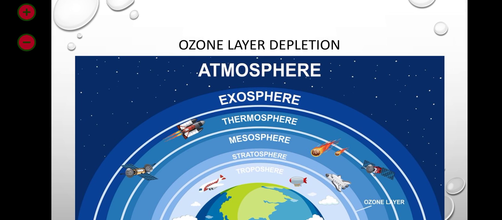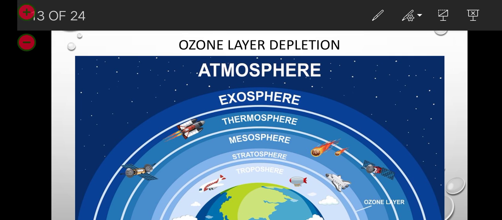See here, in the atmosphere, how the layers are different. It is divided: the first one, near the earth, is the troposphere. Next is the stratosphere.